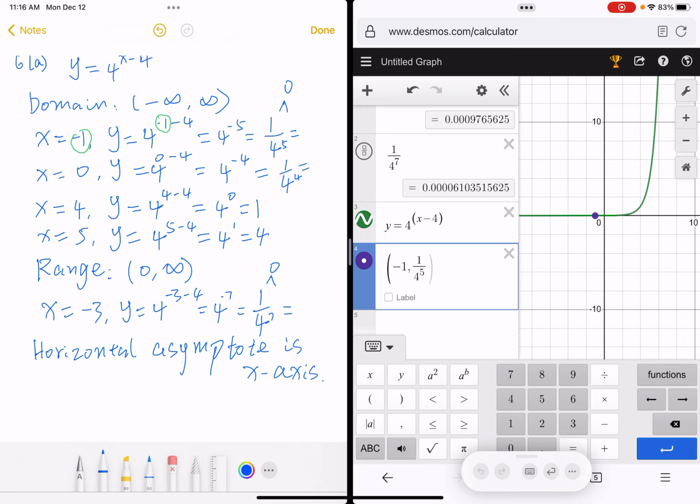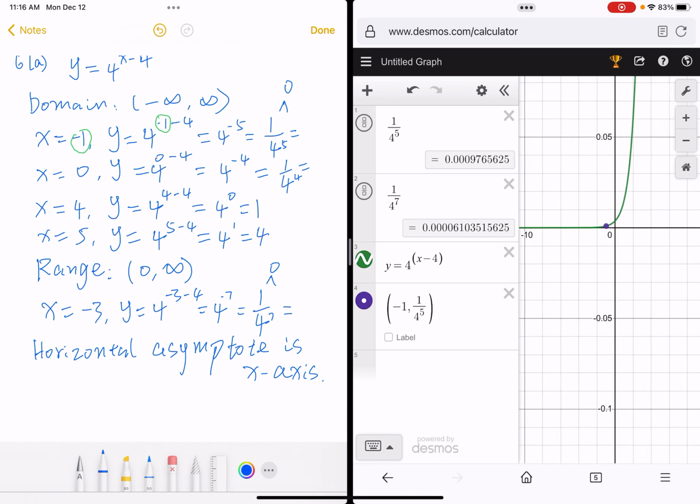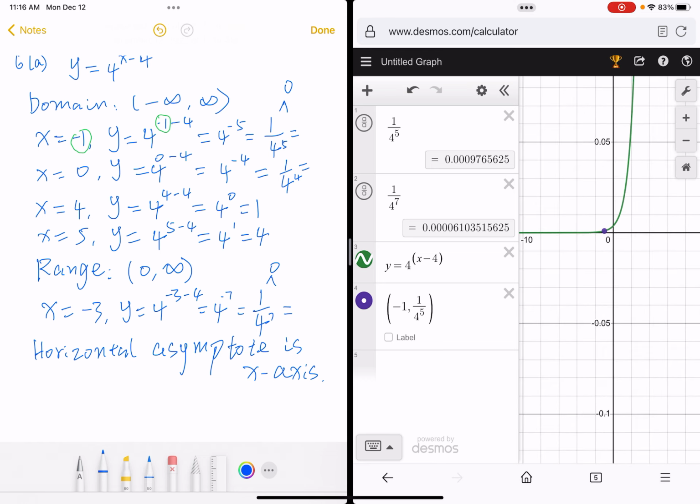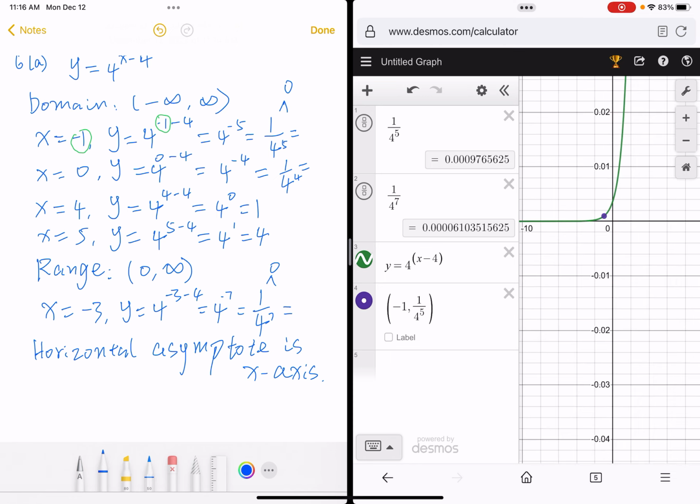You see the point. It looks like it's on the x-axis, but if you zoom in, it is not. You can zoom in more. Let me zoom in more. You see, it's not. Okay?